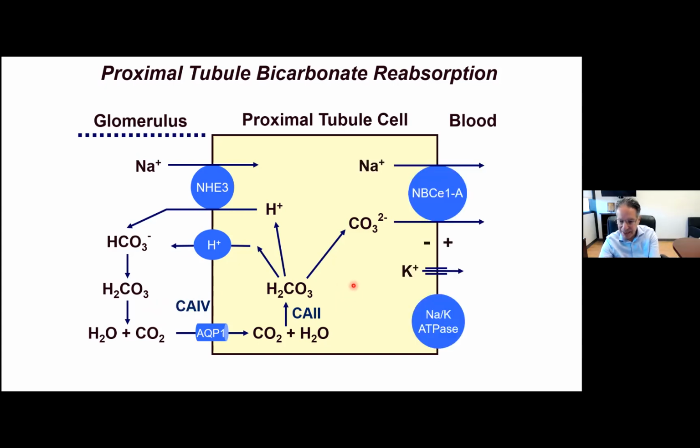So the carbonate is made, and it actually leaves the tubule on a protein called NBCE1A. This protein transports a sodium ion out of the cell and a carbonate out of the cell.